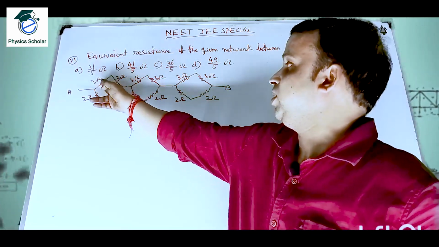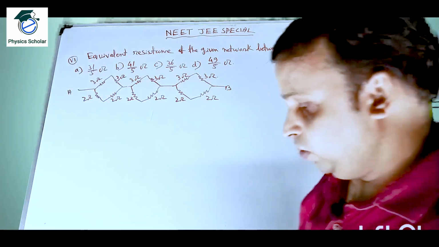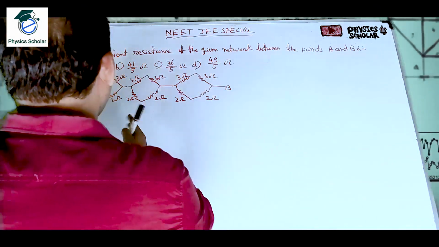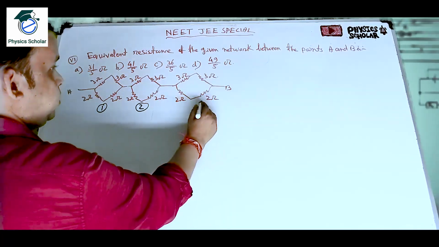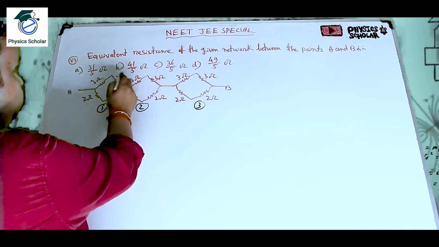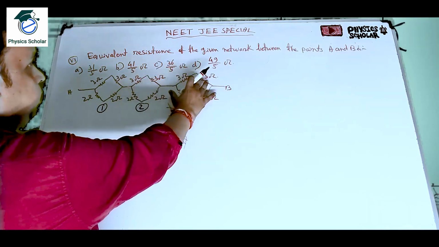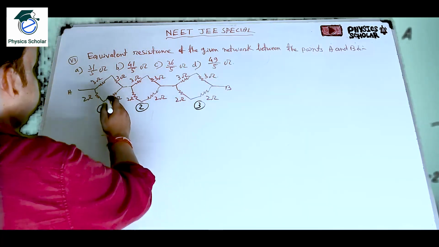These 2 resistances are 3 ohm each and these 2 resistances are 2 ohm each. Suppose this is the first square, this is the second, and this is the third square. If we can find the equivalent resistance of this portion, it will be the same for the others, and the same current is flowing through them.